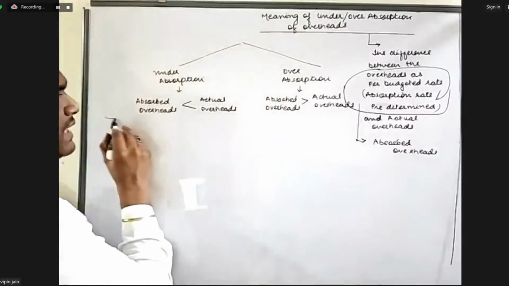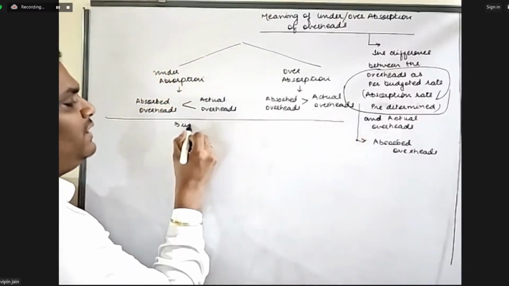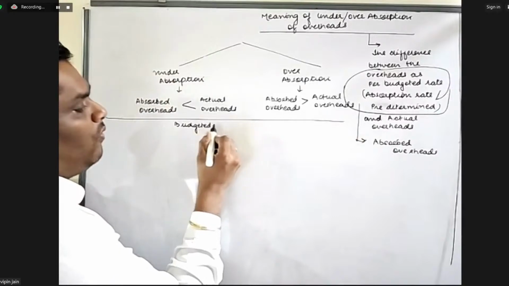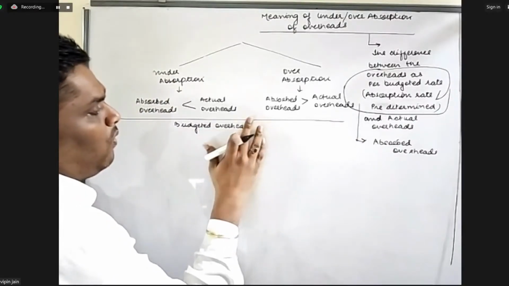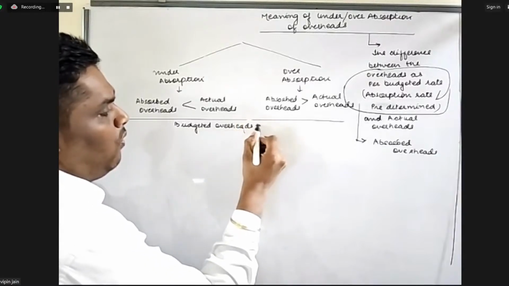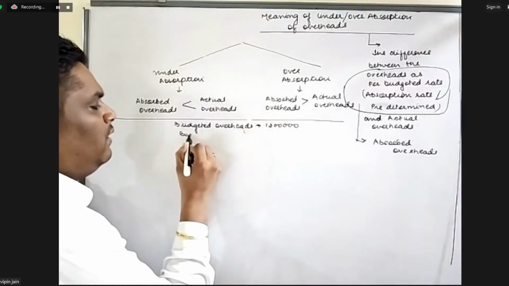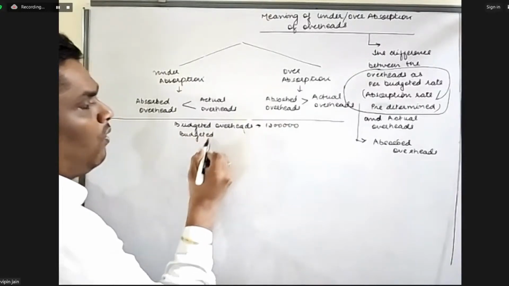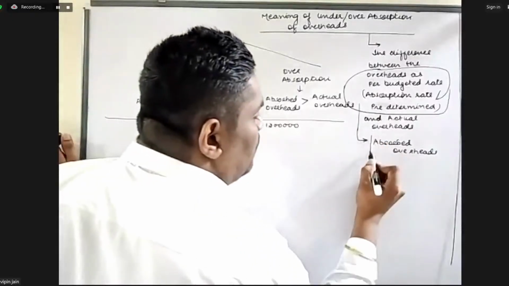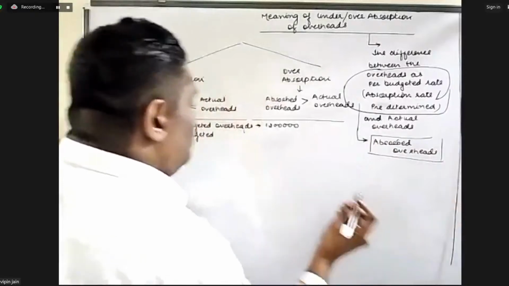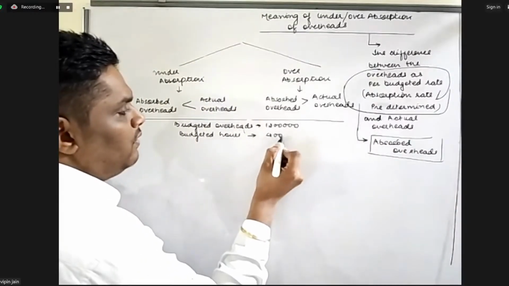Let me discuss this concept with the help of an example. Let's say my budgeted overheads are ₹12 lakh and my budgeted hours are, let's say, 4 lakh hours.